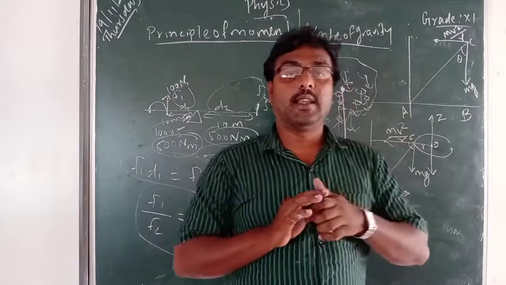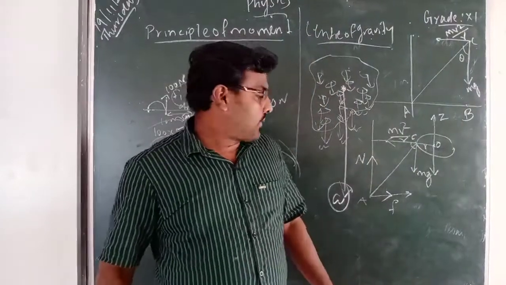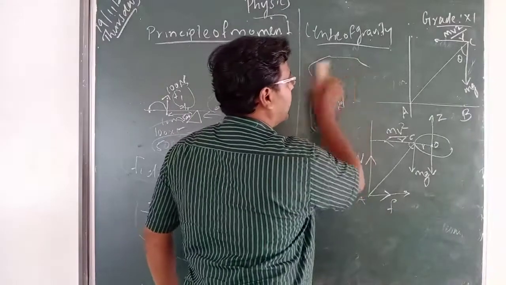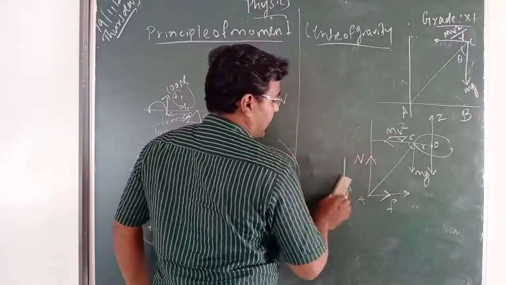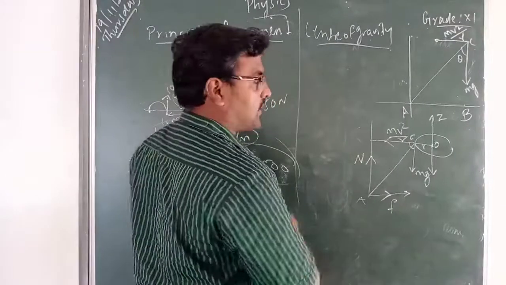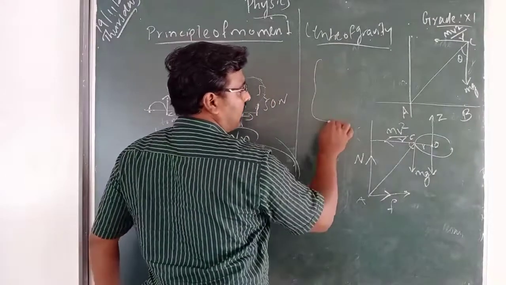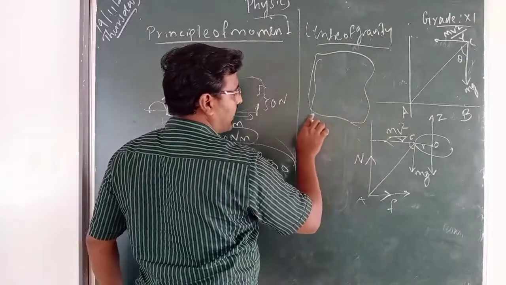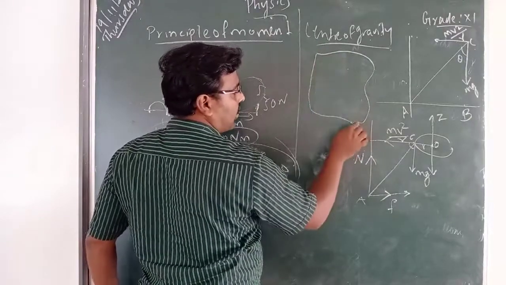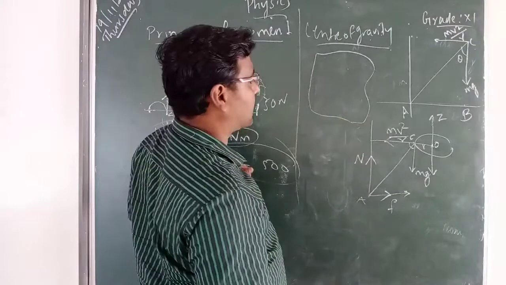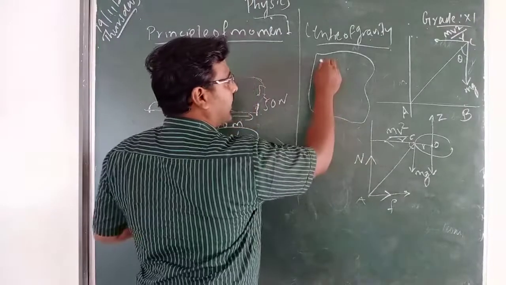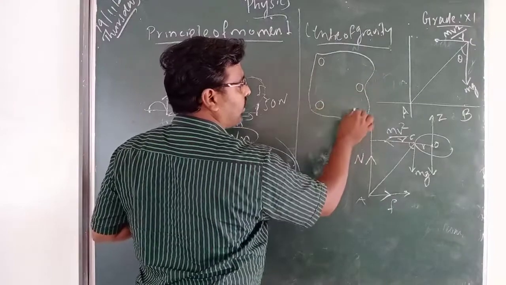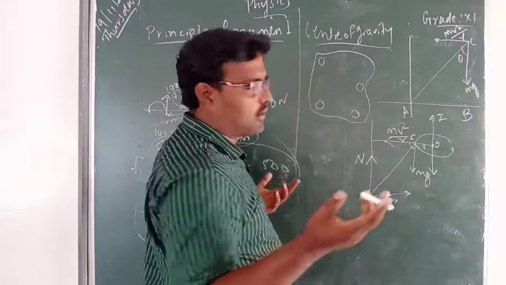And another method is, you can find the center of gravity of any rigid body in this method. The second method: first assume that this is a rigid body, and you want to find its center of gravity. For that, first make 3 holes at different positions, 3 or 4 holes, it is your wish.